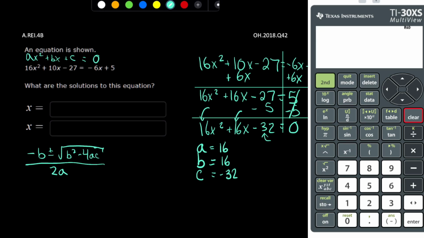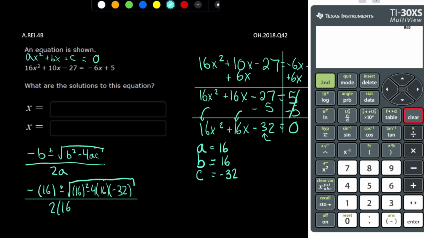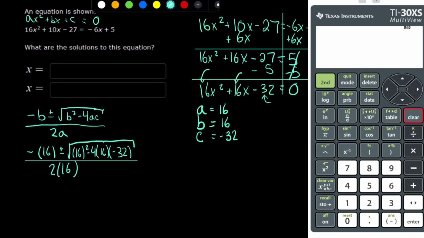Okay, so negative b, negative 16, plus or minus the square root of b squared minus 4 times a times c. Oh my heavens. All over 2 times 16. Okay. So negative 16. That's nice and easy. Plus or minus.